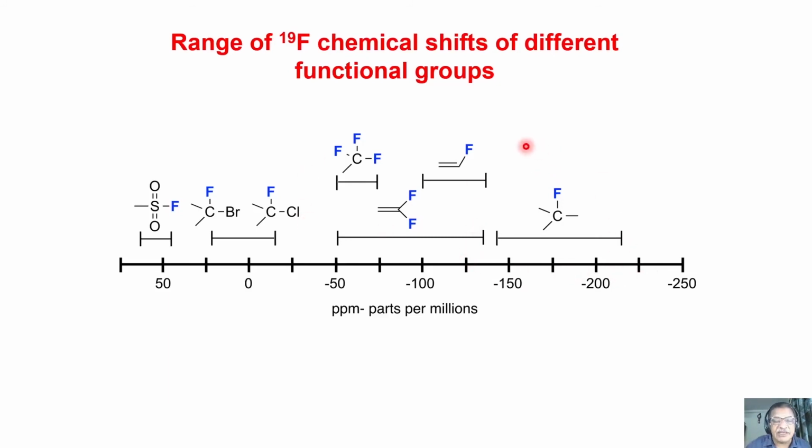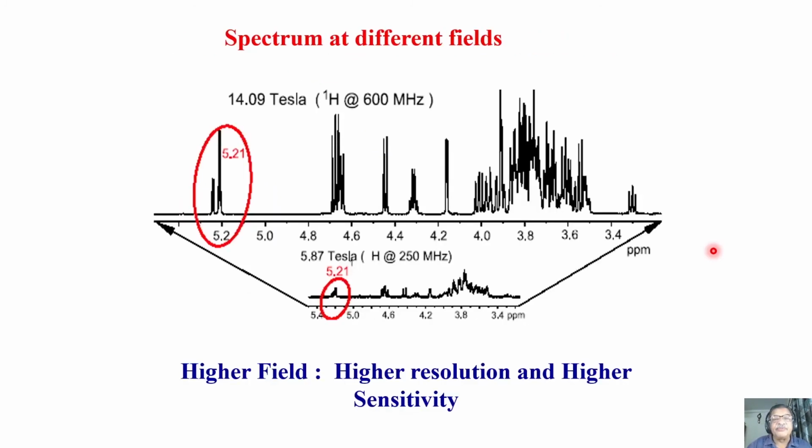It is true in most cases, but in some nuclei, if you have a reference like CFCl3, it can even go to negative values, depending upon the references used for different nuclei. So it can come from the negative region, it can come to the positive region, all those things are possible.